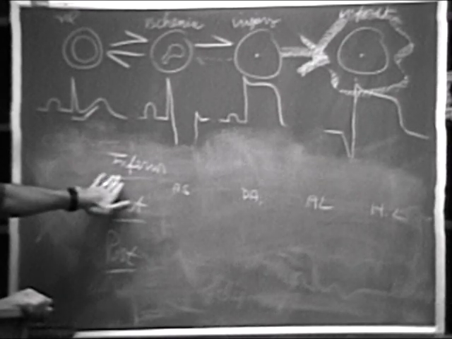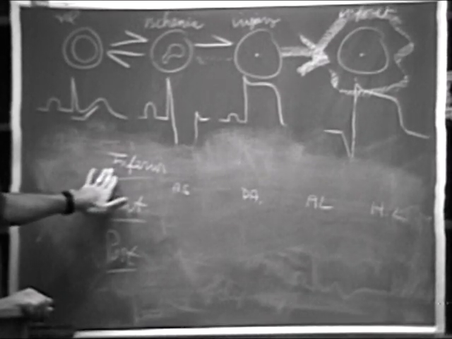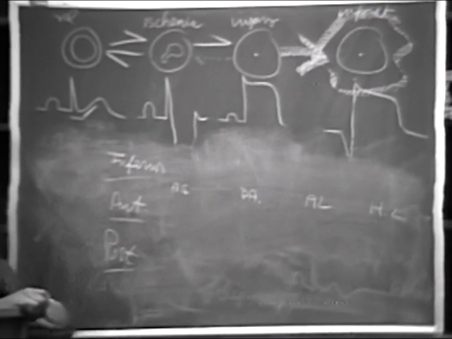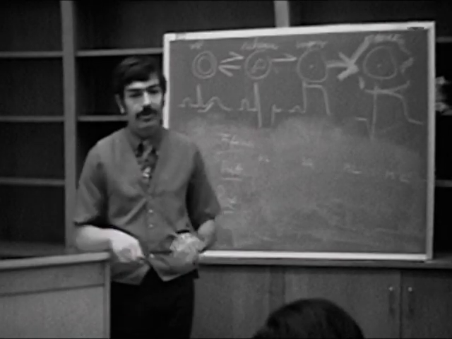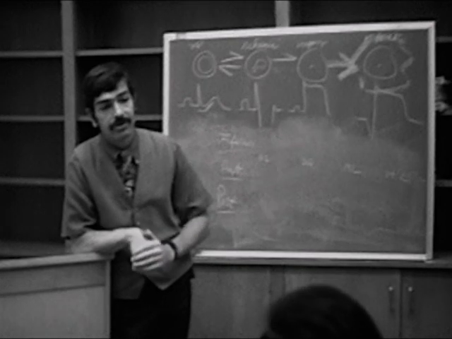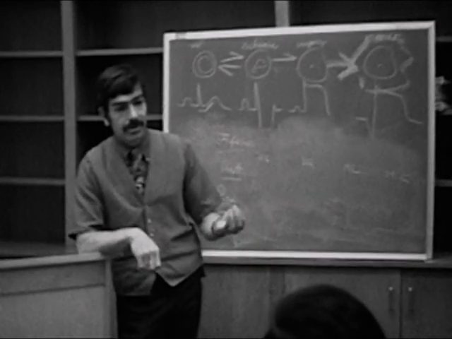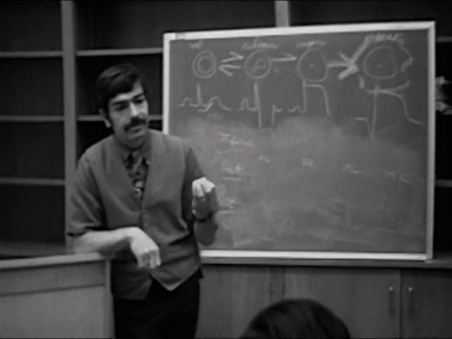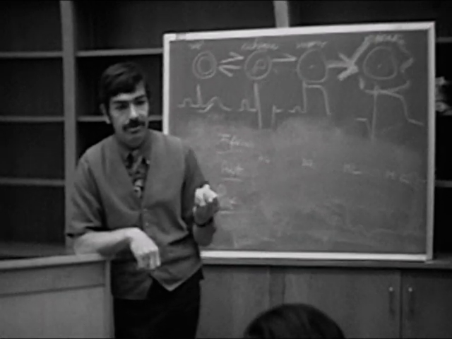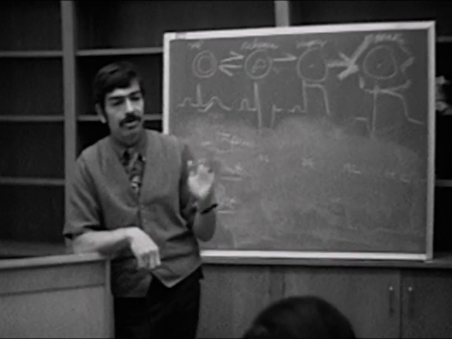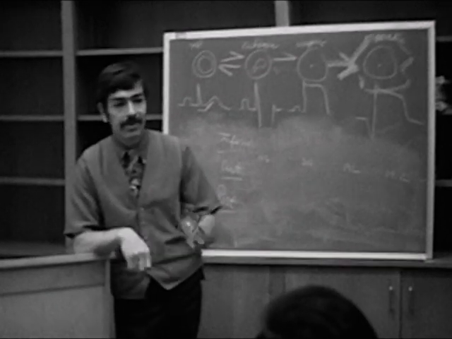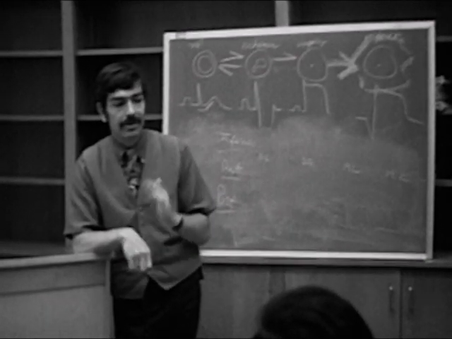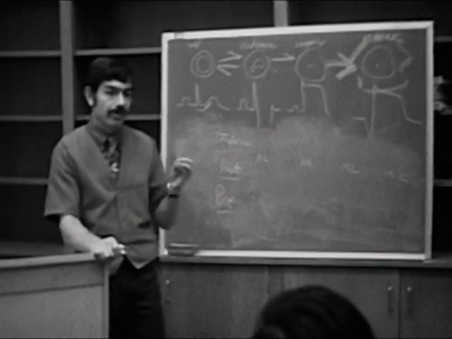Well, let's just take inferior infarction first, right? Which leads would you expect to see the changes that we've talked about, all these changes in an inferior wall infarction? Leads 2, 3, and AVF, right. This is something you should start to be thinking about, is grouping your leads together. You shouldn't go through a tracing and just describe isolated events taking place, T waves in this lead and Q waves in that lead. You should be thinking of your leads in terms of groups.